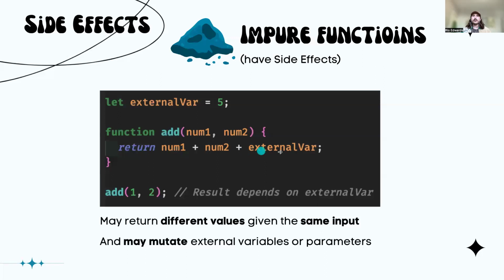So we can pass in 1 and 2, but the parameters themselves aren't the only detail we need to know. We need to know what this external variable is, because the result we get depends on it. Whatever this variable is will change what we get. So the basic idea is that this is not the whole story. Adding 1 and 2, there's some external thing that affects this function that isn't related to the parameters.